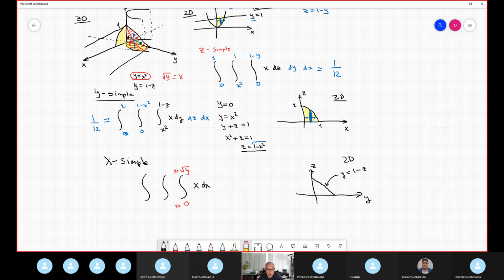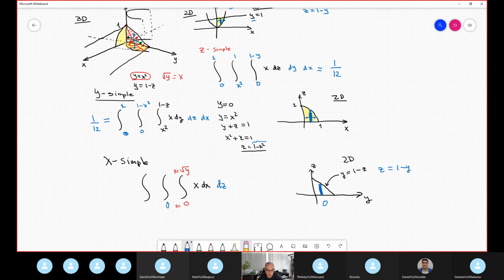Okay, suppose the integration we decide on is in this direction. So I go from 0 to the z value. Let me see, from 0 to y, and solving for z here, z is equal to 1 minus y.